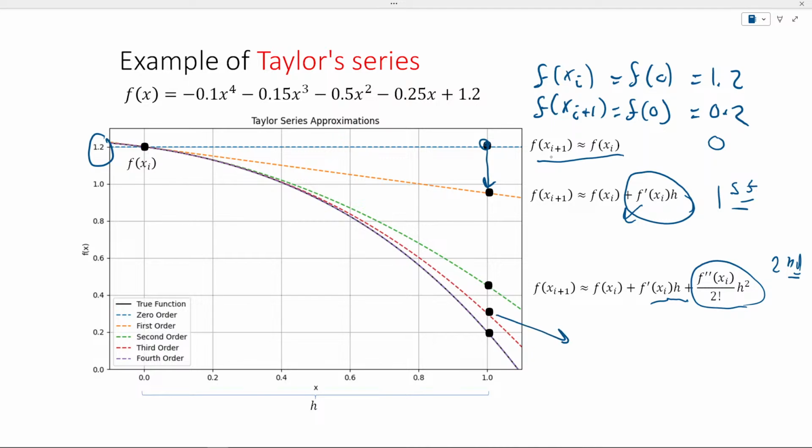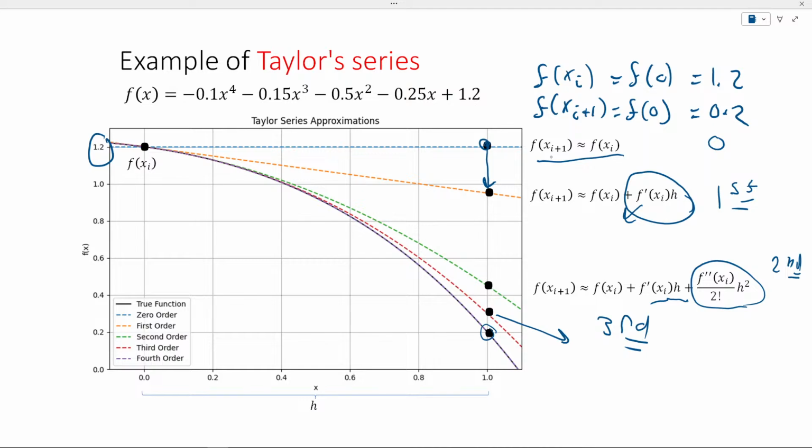Now this is the third order approximation. With the third order approximation, I started to have a little bit of twisting. This point is not just sloping or curving, but you start to see some twisting here. And with the fourth order approximation, I'm refining this twisting and I get exactly to the right point.